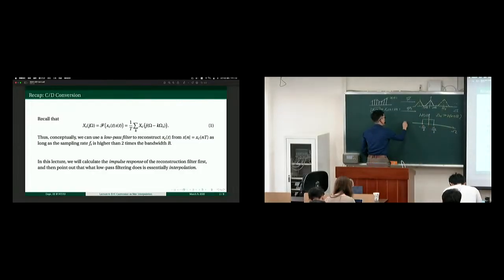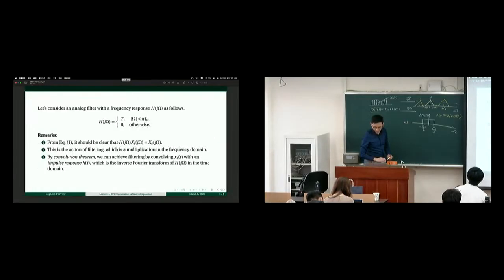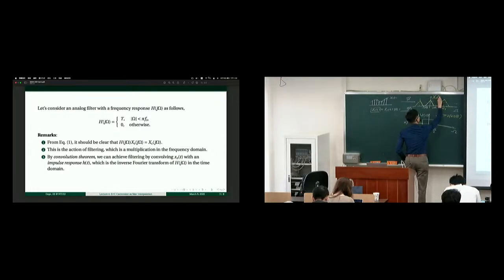So we just apply this ideal filter. That is to say, in the frequency domain we apply multiplication. Imagine that we multiply the yellow spectrum with the low-pass filter response. Then it should be obvious that by doing so, we will be able to just keep the middle one, and everything else outside the bandwidth is rejected.